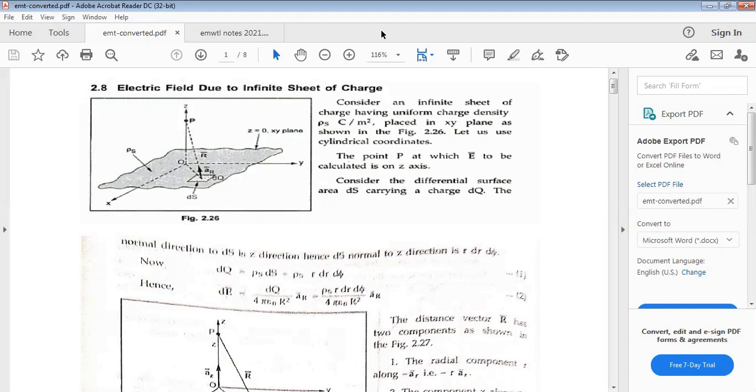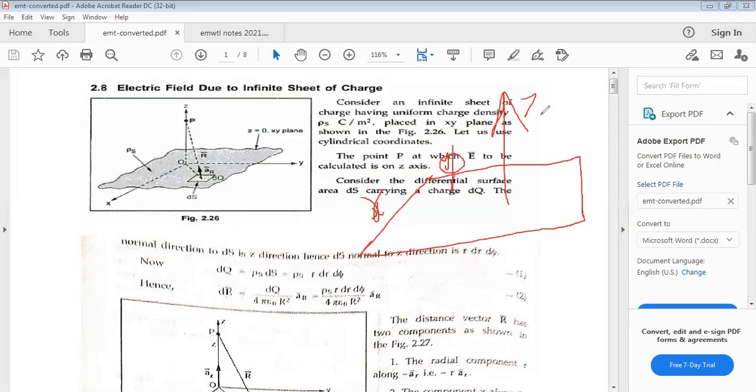Whenever the sheet is normal to the z direction, the sheet is in the x and the y. When we consider it as a cylindrical coordinate system, x is r and y is phi, and the z.